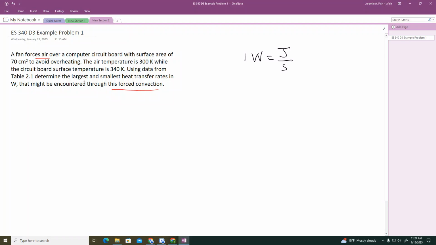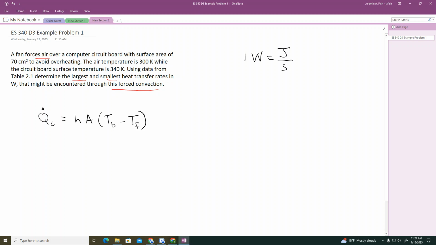it's asking us to determine the largest and the smallest heat transfer rates. So let's first look at the equation, and then we can start drawing conclusions here. The equation from the textbook that we get for convection is Q dot is equal to H times A times T of the body minus T of the fluid.